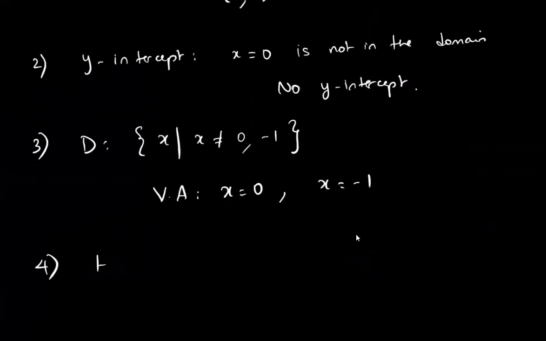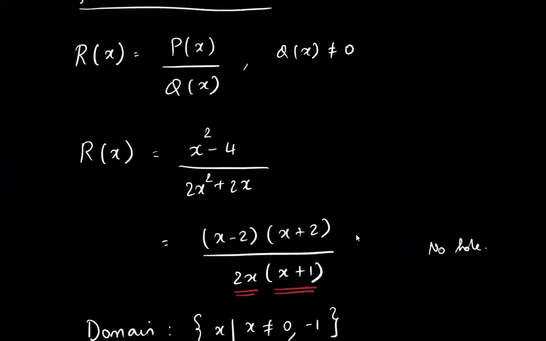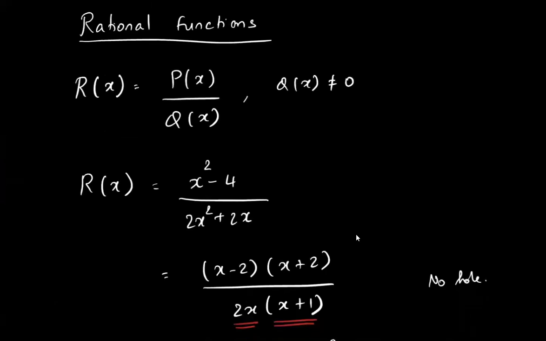Then, to find the horizontal asymptote, I ask the following questions. Is the degree of the numerator less than the degree of the denominator? The degree of the numerator was 2. The denominator also had degree 2, correct?